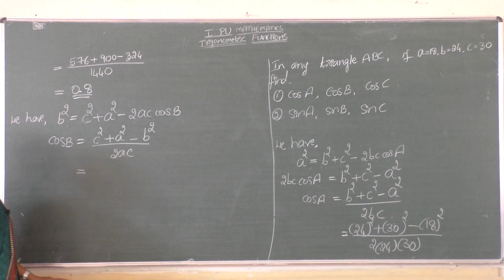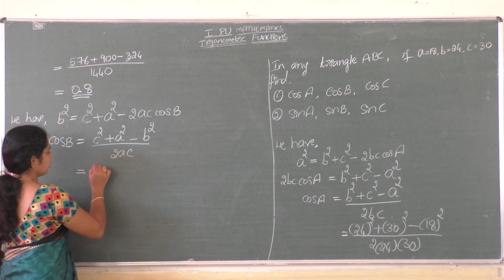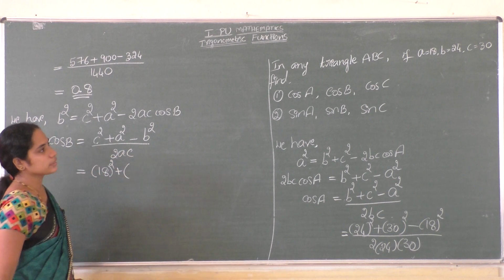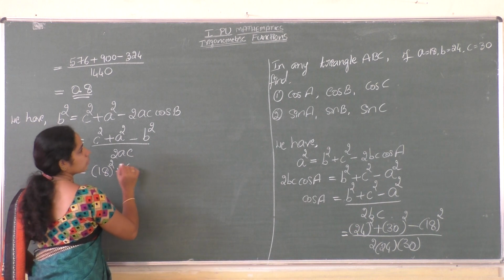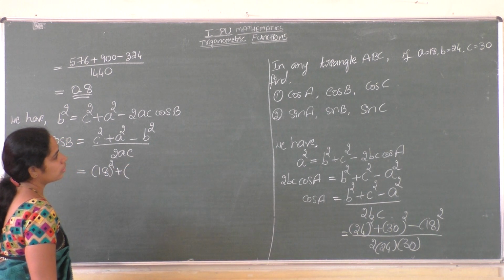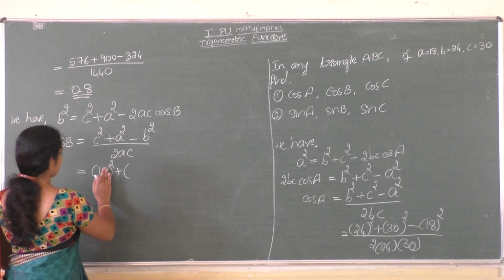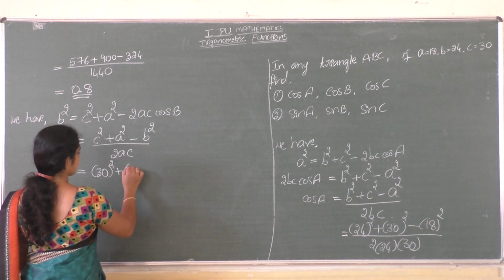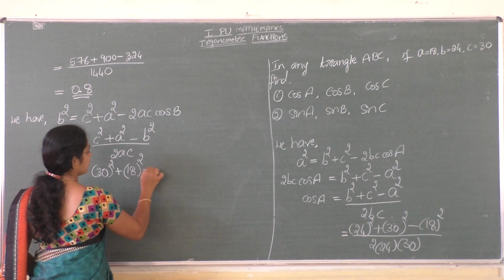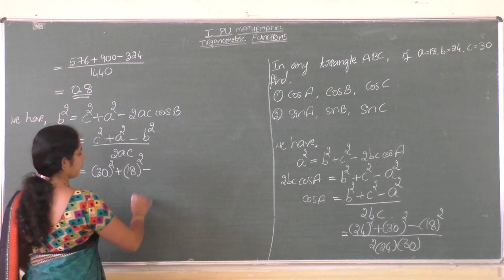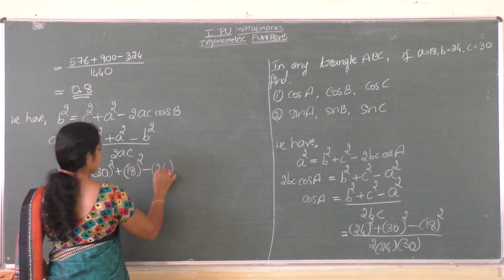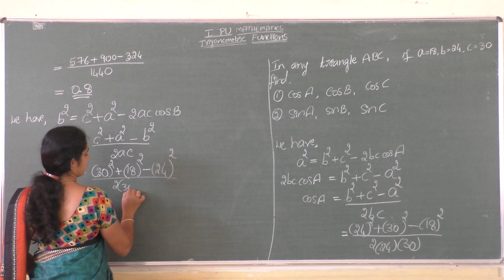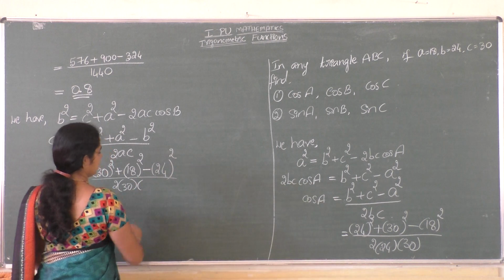Now this is equal to, what is c square? c square is 30 square plus a square 18 square minus b square 24 square divided by 2 into ac.